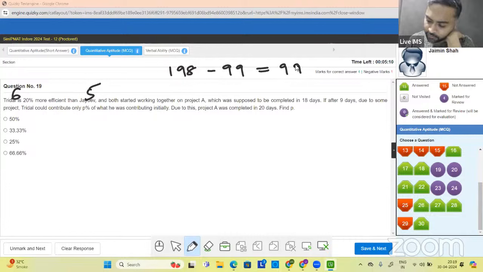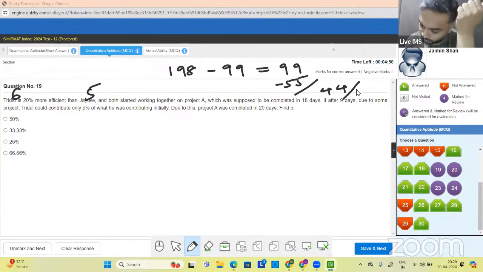So 99 work is still left. And for the remaining 11 days, Jaidev will contribute with the same speed, that is 55. So 44 work is left. And now this 44 work is done by Trital in 11 days. So Trital speed becomes 4.